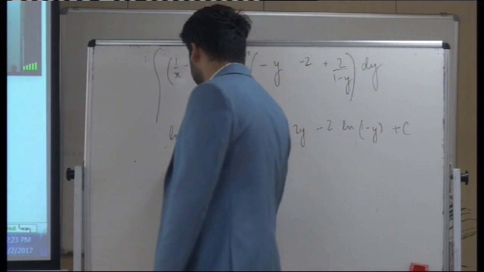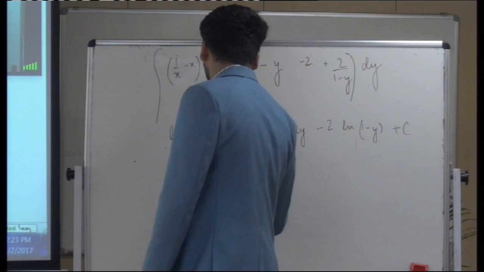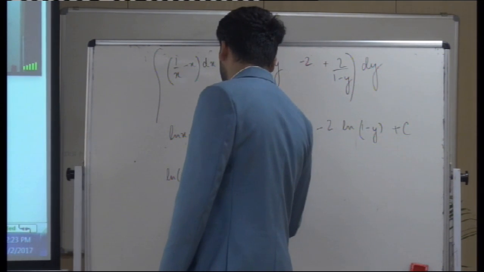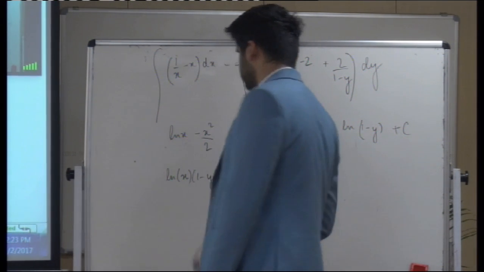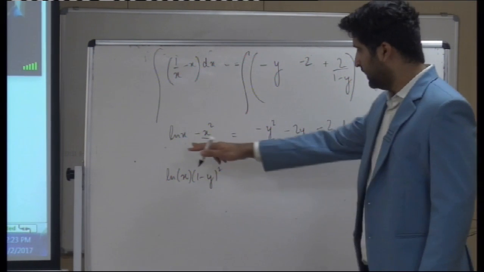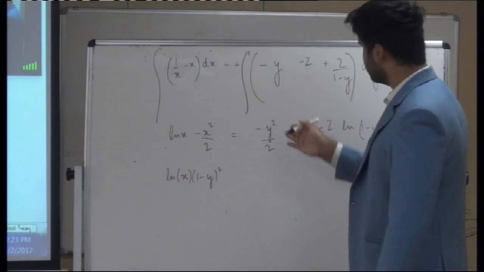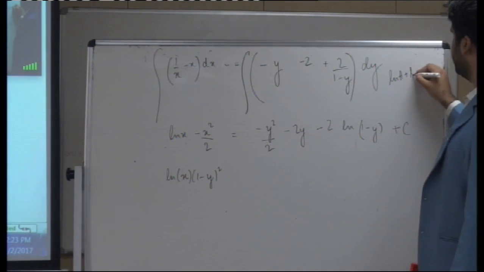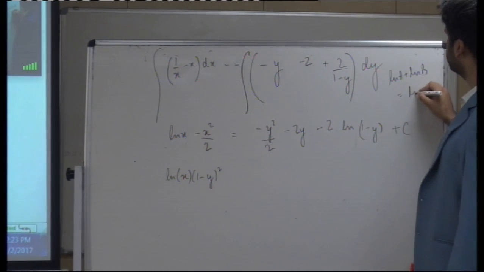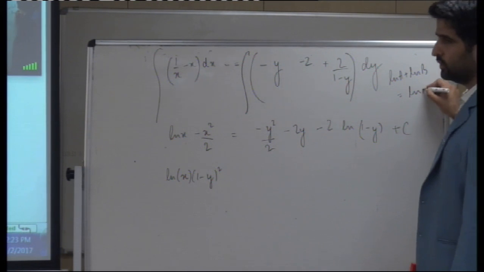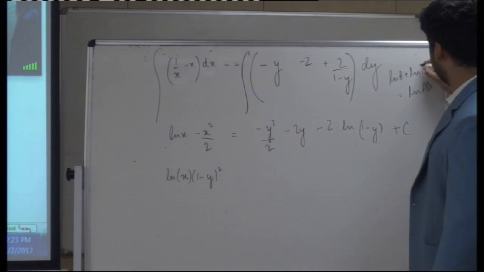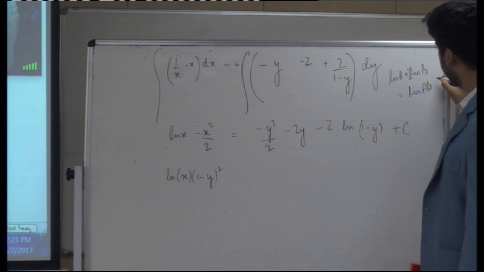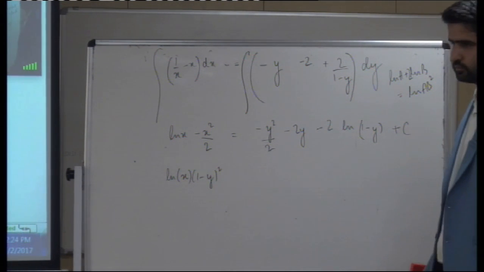So we'll get ln of x into (1 minus y) square. This step is clear. If we add 2 times ln (1 minus y) over here, then this property will apply. Ln a plus ln b is equal to ln ab, right? So if we have 2 times ln b, it will be ln b square, right?